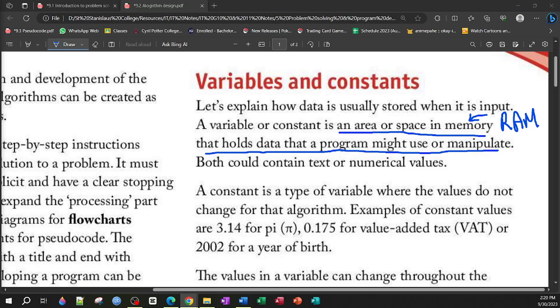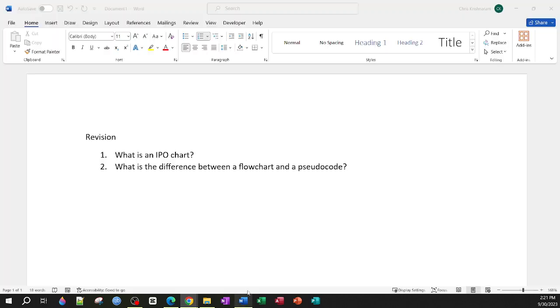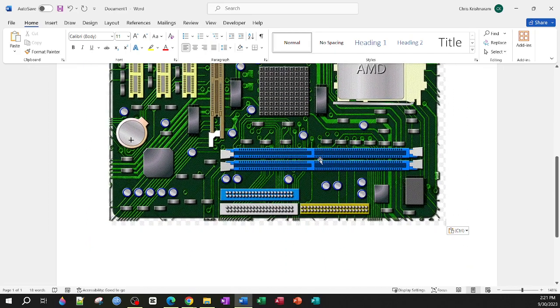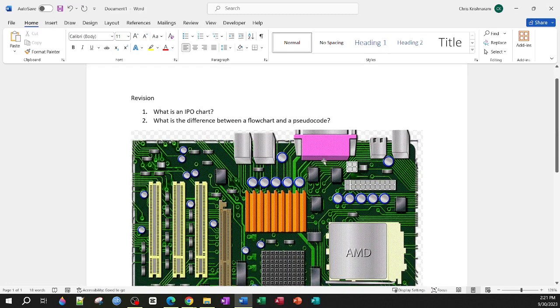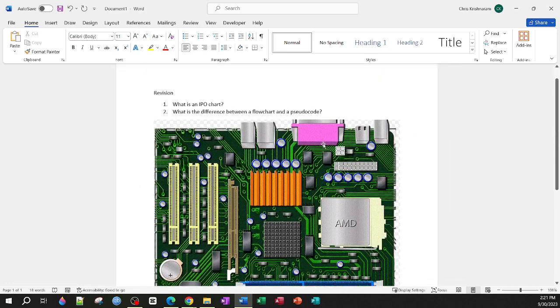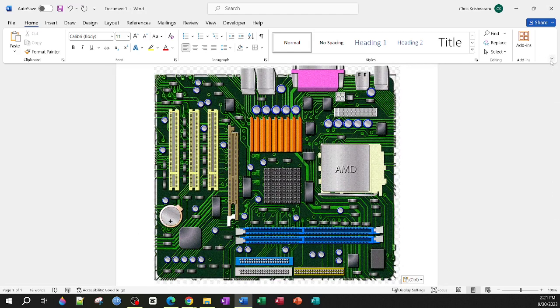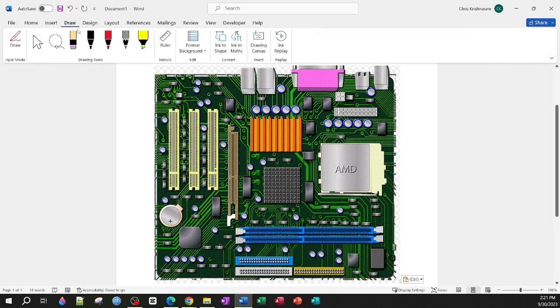I'm trying to find a diagram right now. Yeah, this is the layout of a motherboard, of a computer basically. And where you see AMD here, that's the CPU.